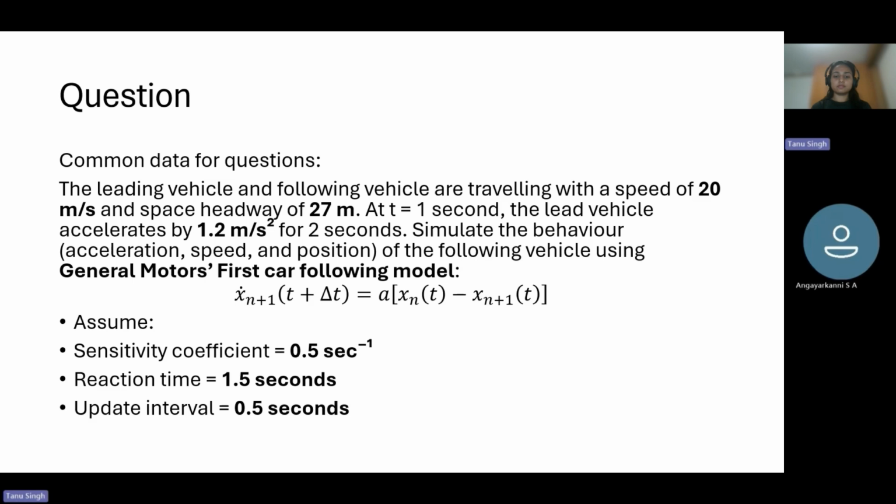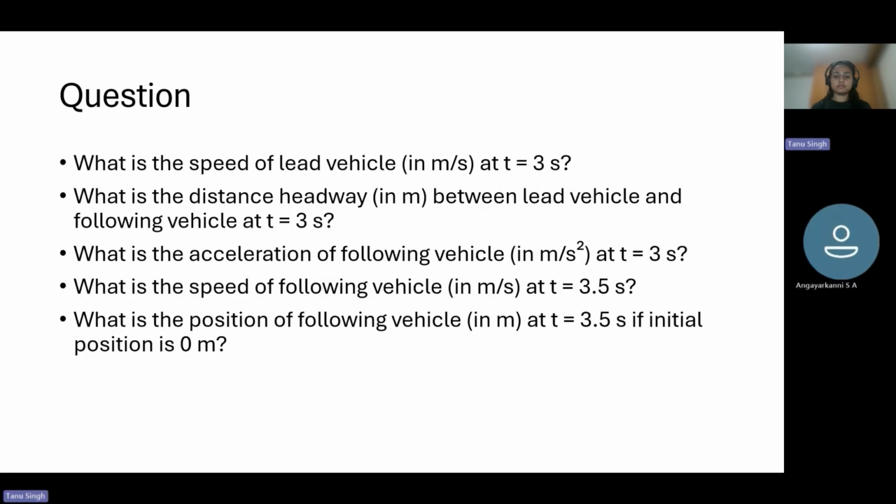The questions to be answered using this data are: first, what is the speed of the lead vehicle at t equals 3 seconds? What is the distance headway in meters between lead vehicle and following vehicle at t equals 3 seconds? What is the acceleration of the following vehicle at t equals 3 seconds?